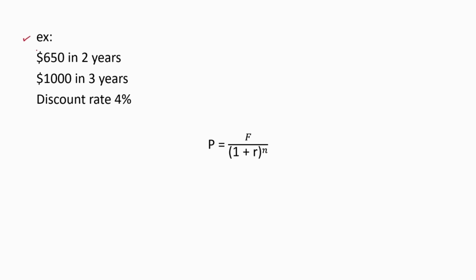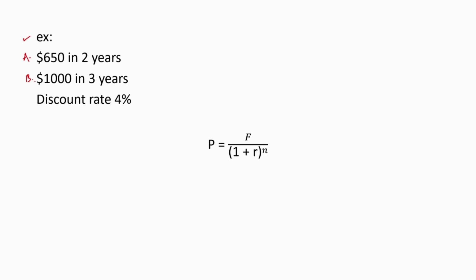Now let's do this example. This is where we are going to discuss how we use discounting in real life. Look at these two options. This is option A, this is option B. Option A says $650 in 2 years, which means in 2 years' time you will receive $650.